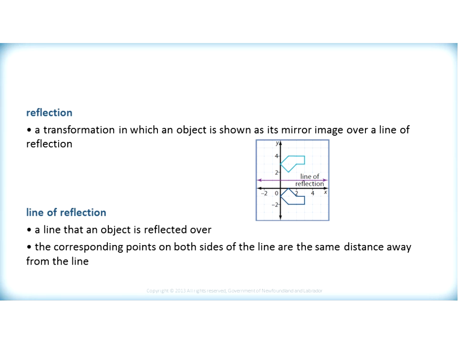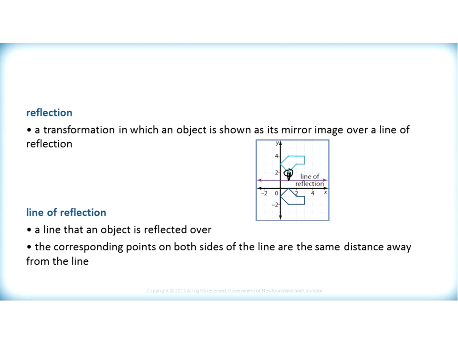Your line of reflection is a line that an object is reflected over, and the corresponding points on both sides of the line are the same distance away from that line at all times. You'll notice here in this light blue object, it's kind of a funny shape. This point right here is 1 unit above my line of reflection.